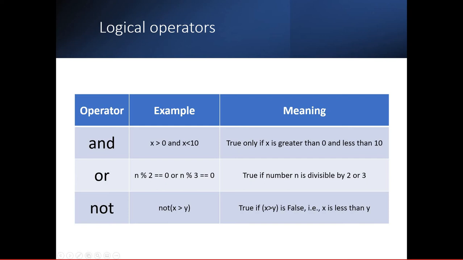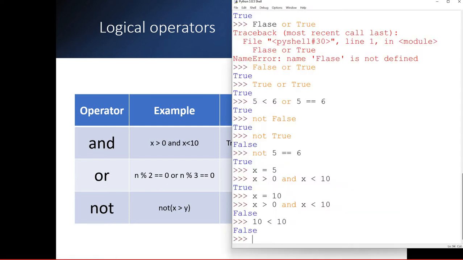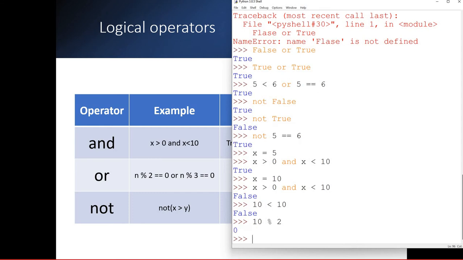So for example, let me take 10. You divide by 2 and you check the remainder. The remainder is 0, isn't it? So now you are checking whether this is equal to 0.